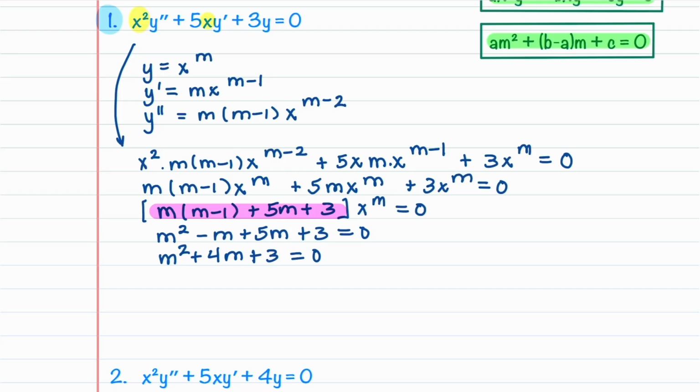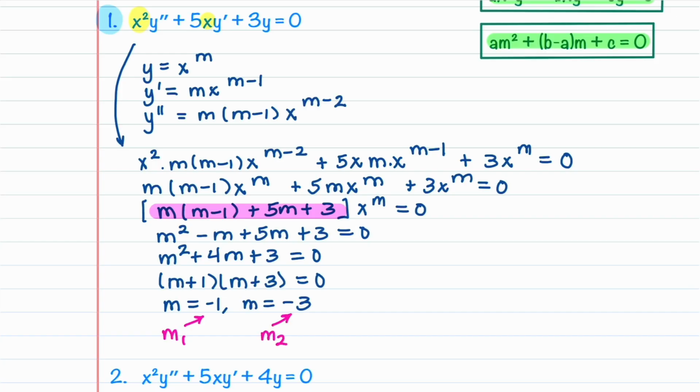That is our characteristic equation, and we're going to solve that by factoring. We can factor this as m plus 1 and m plus 3. This gives us m is equal to negative 1 and m is equal to minus 3. We're going to call the minus 1 m1, and we'll call the minus 3 m2.